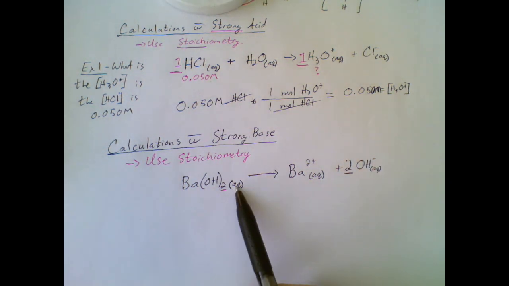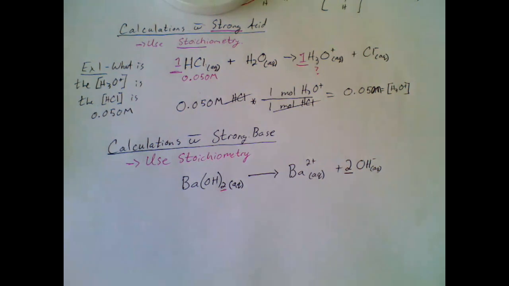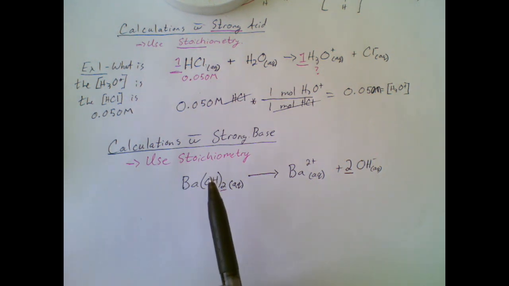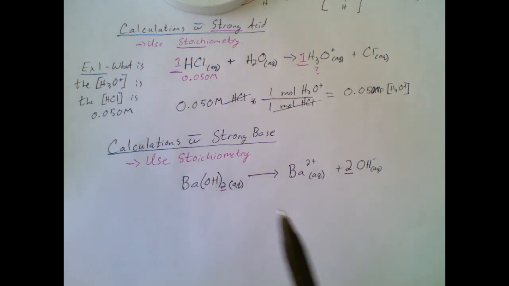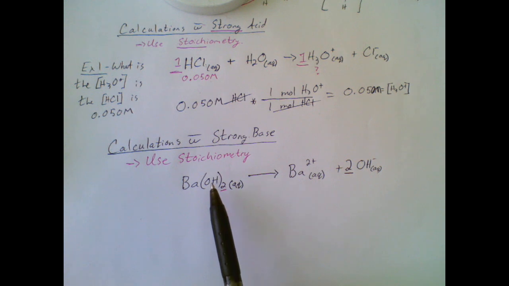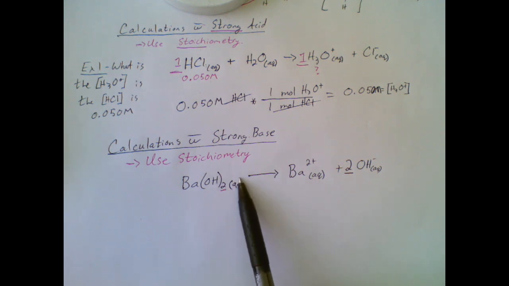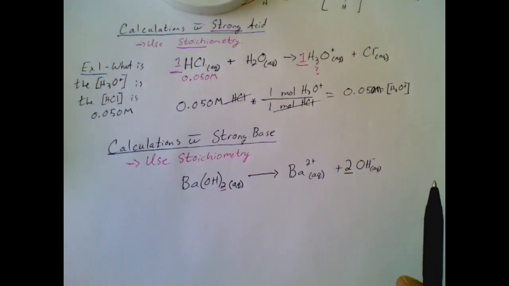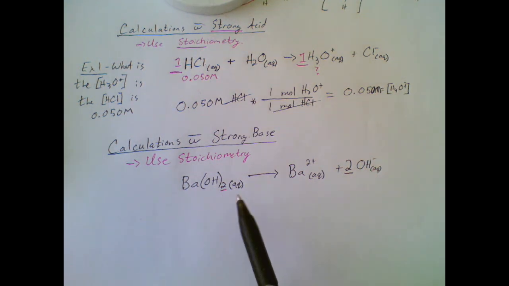For those of you who are wondering why I put aqueous, it's because I'm really not dealing with the stuff that's a solid in the solution. Think about making iced tea. If you wanted to know how many iced tea ions there were, it doesn't matter how much solid there is. What matters is how much of that stuff got dissolved, how much of it is aqueous. So if we want to know, in this example, the concentration of OH-, we need to know how much Ba(OH)2 was dissolved.